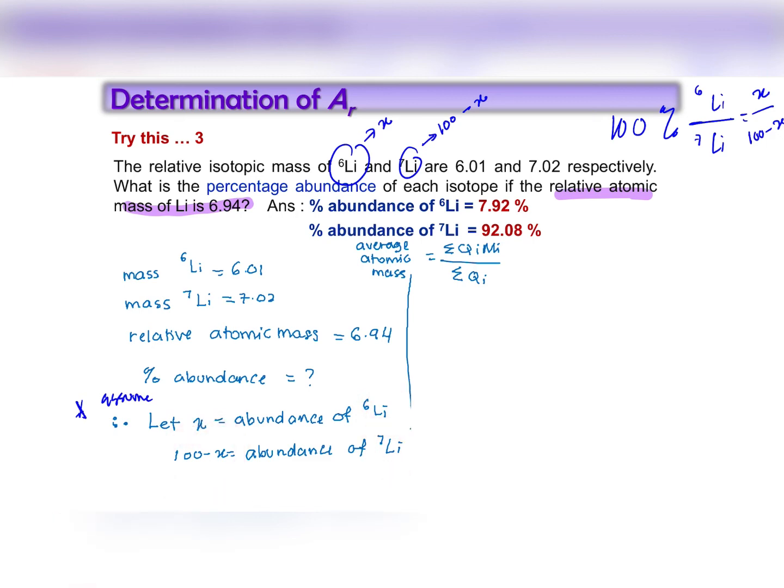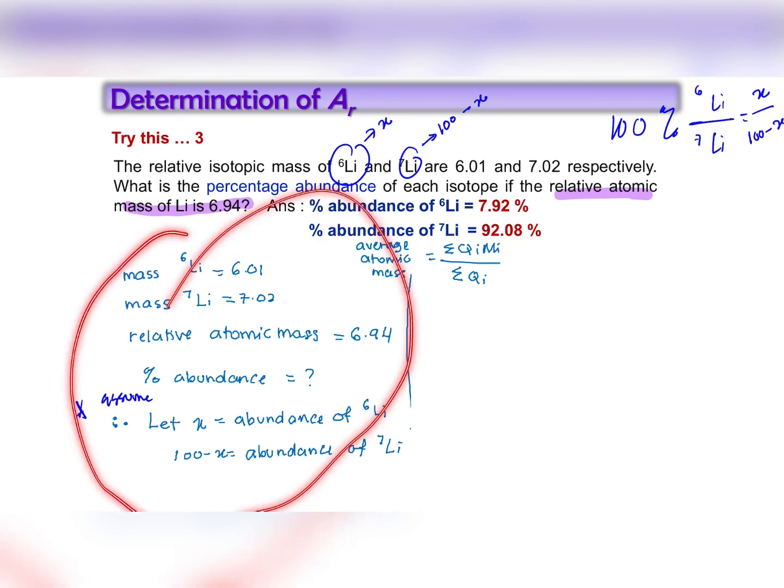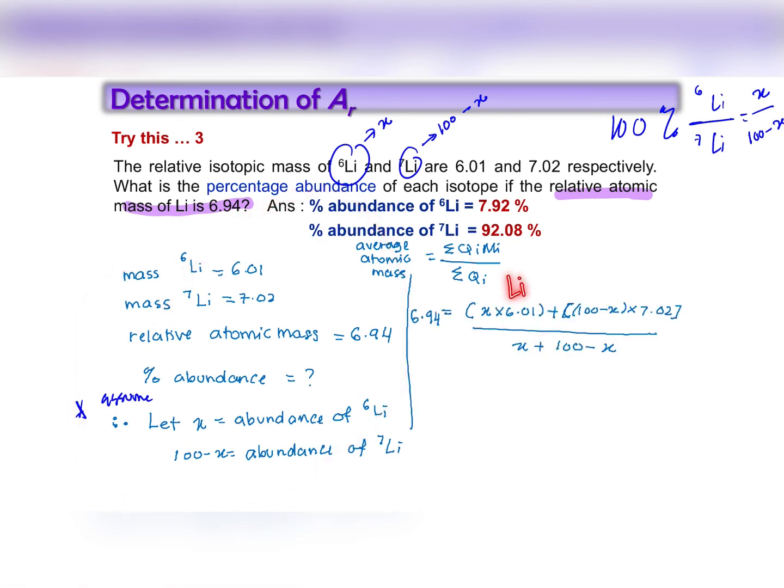Okay, now we use the formula, sum of Ki Ek, by using the information that we already have here. This is lithium 6. This is its abundance X that we assumed earlier, and this is the mass, multiplied, and then plus lithium 7.